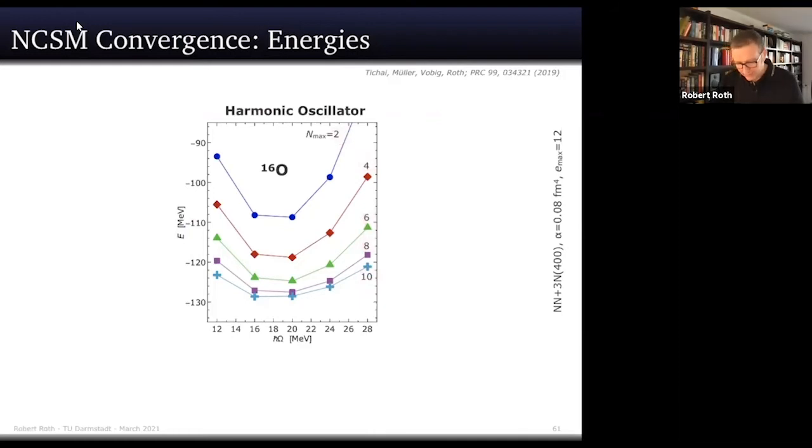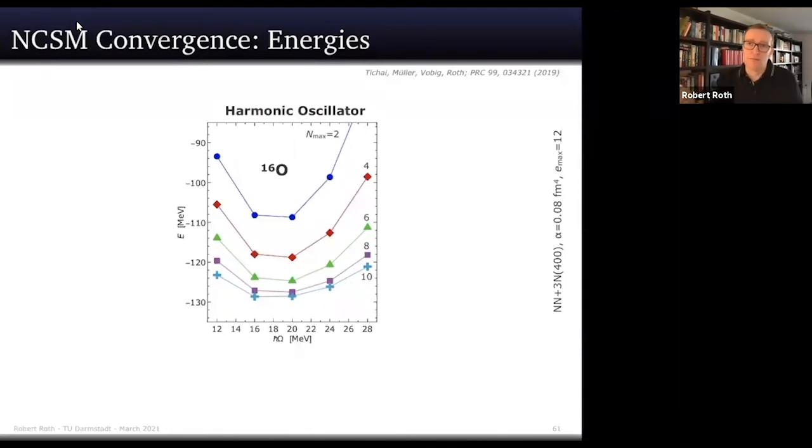And I repeat this calculation for different harmonic oscillator frequencies. The harmonic oscillator always comes with a free parameter, this frequency, which at the same time determines the spatial size of your oscillator wave functions. This parameter is free to choose.